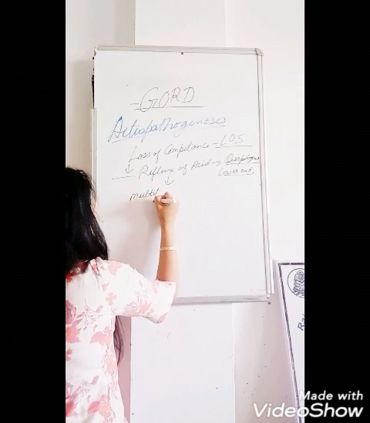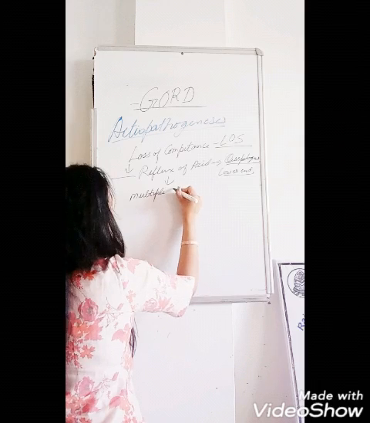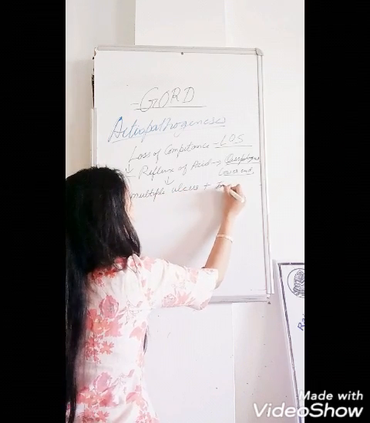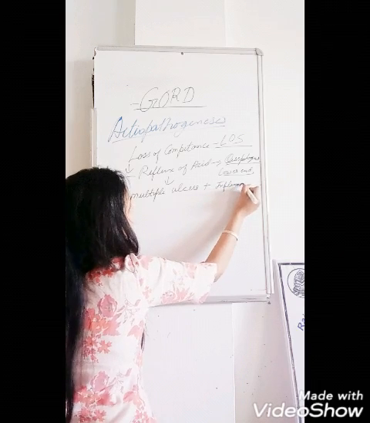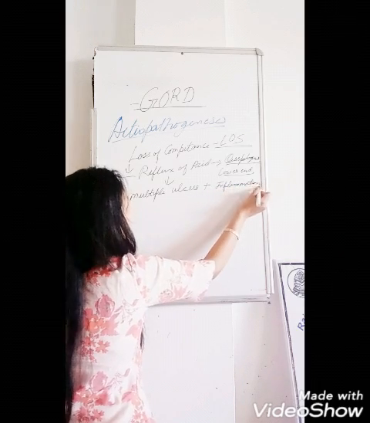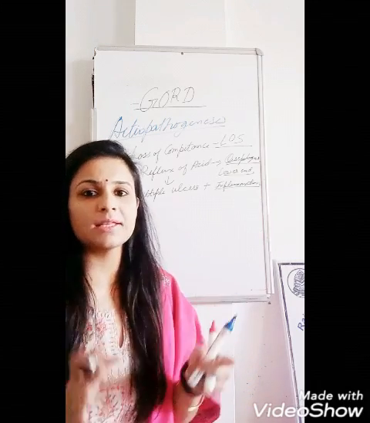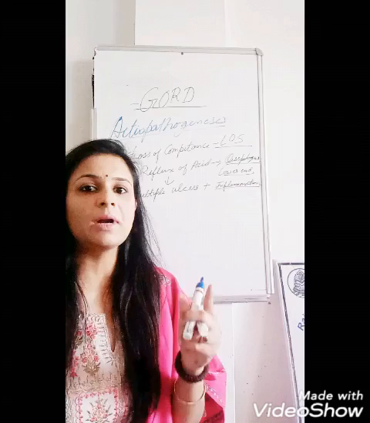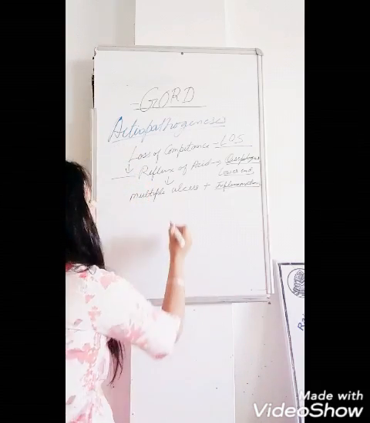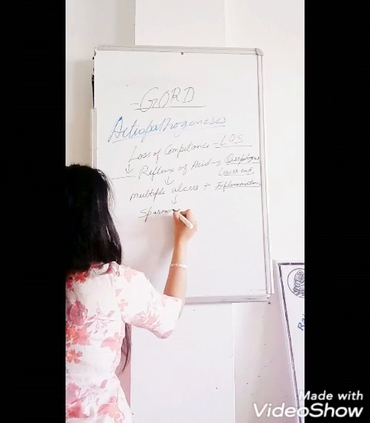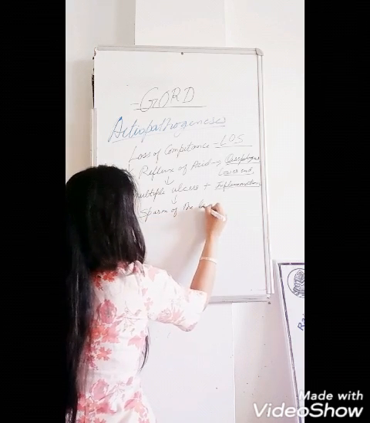Multiple ulcer formation will occur. There will be multiple ulcers along with inflammation. That inflammation will be extensive. There will be erosion of the mucosa, extensive inflammation and irritation and multiple ulcer formation. Now that will cause spasm of the longitudinal muscles.